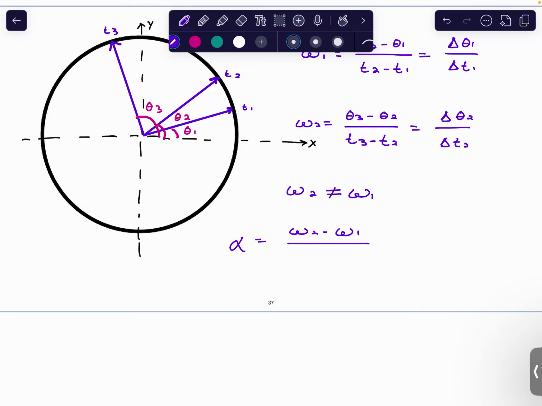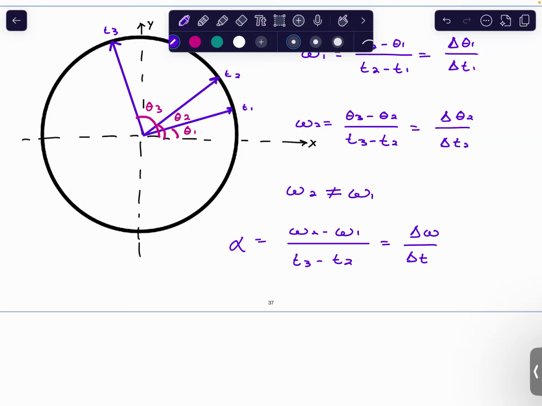And the acceleration is really prevalent between T3 and T2. And so you can see the basis of the delta omega over delta T. So that's really the idea of where it comes from. As you're going around the circle, you're just going around faster and faster and faster.